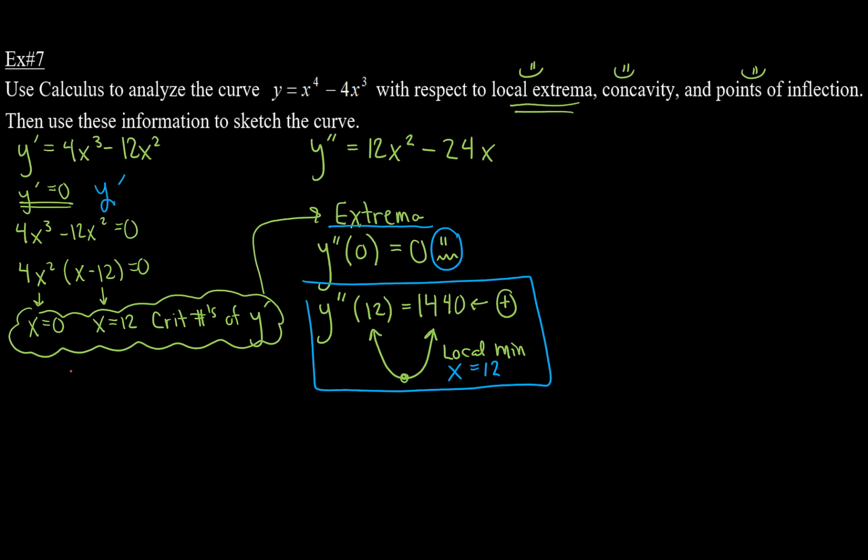Let's take a peek at that. I already know what's going on with 12, so I've got x equals 0, and I'm going to look at something smaller than 0 and larger than 0. That's not a critical number.